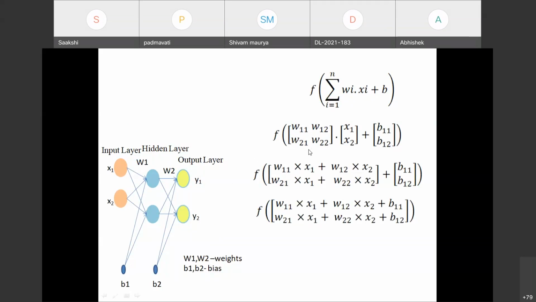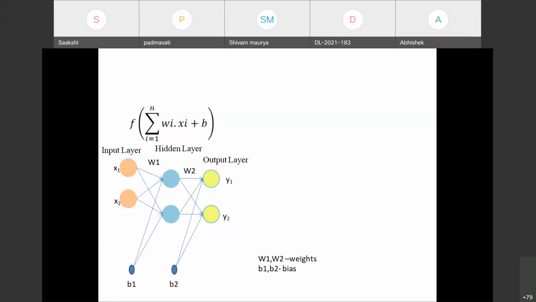We also need to understand dimensionality first, then it will be clear when to use which weight matrices. Here we have inputs x1 and x2, correct?